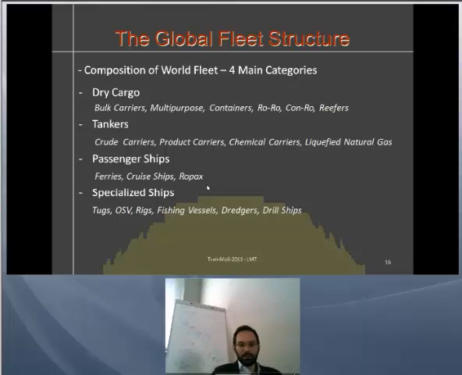Then we have the offshore supply vessels. They have become quite popular in the last decade for assisting offshore operations. There are many variations of offshore supply vessels. They can do anchor handling jobs while they're near a drilling platform.